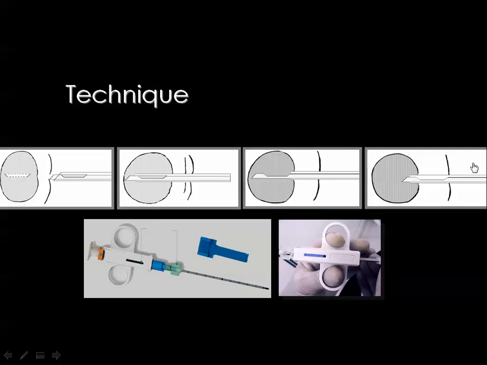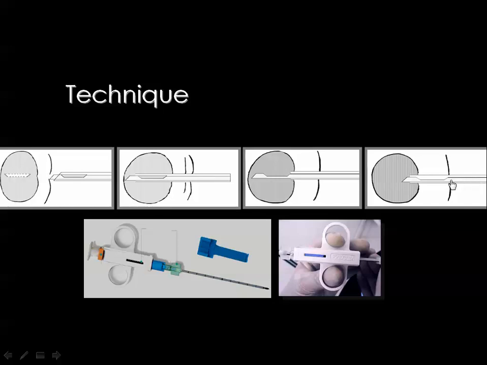Then this is the biopsy needle, and you have the biopsy needle with two needles inside each other. Then you puncture the skin and introduce the needle, both needles within each other, until you reach the edge of the lesion.